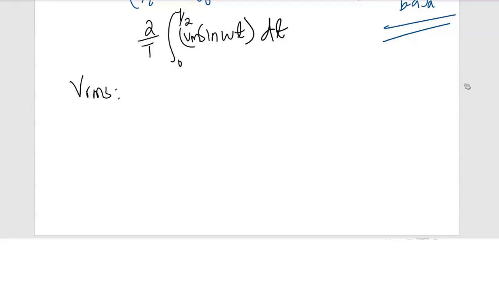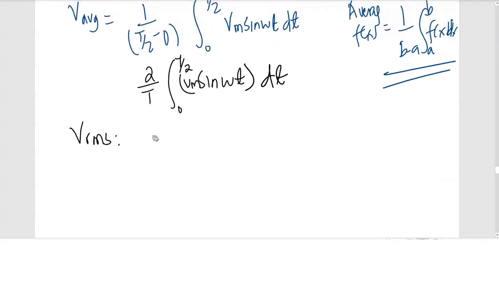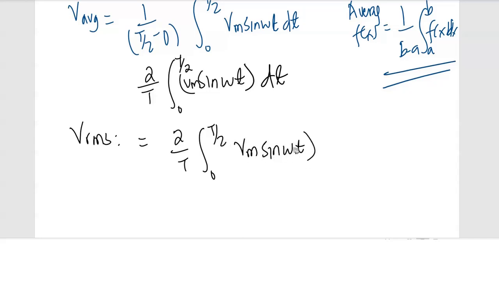So this becomes 2 over T, integrating from 0 to T/2, Vm sine omega t, everything squared with respect to t.